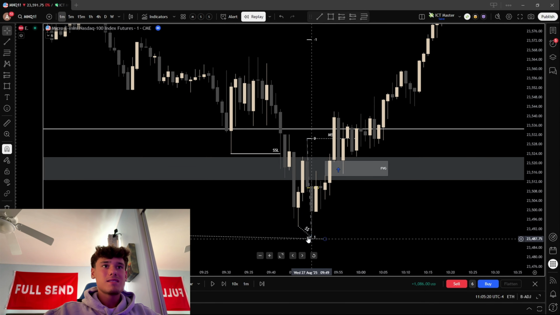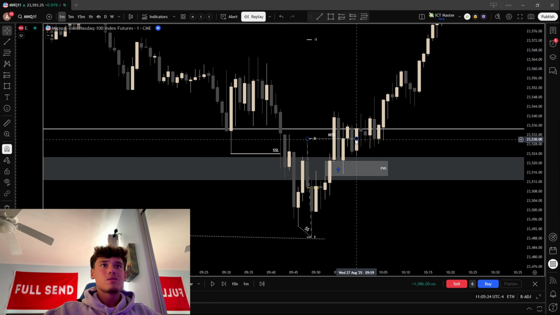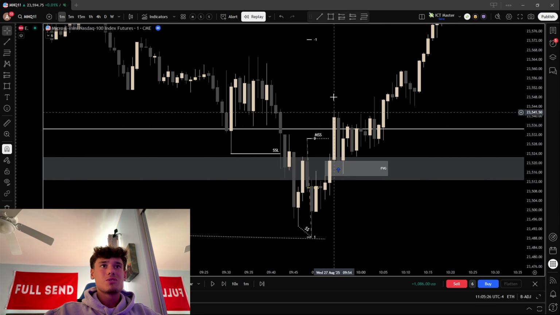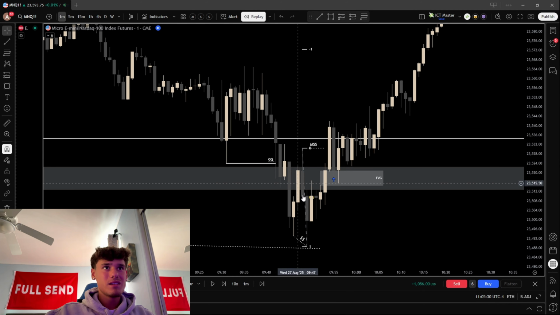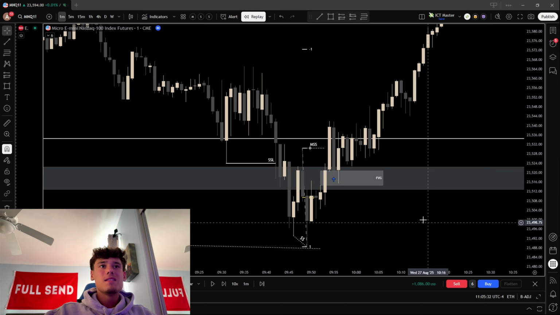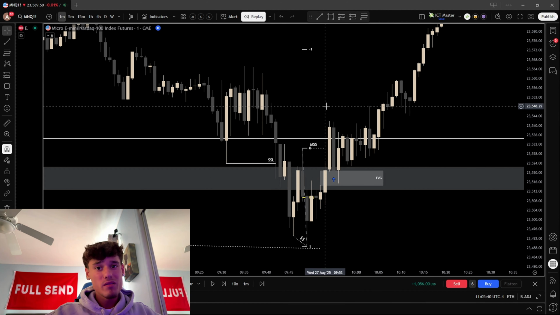On top of it, SMT on the manipulation, taken. Then we also had that market structure shift, showing us that we are moving from the downtrend to an uptrend. Then to get a better RR, look for that strong push that made the fair value gap with the 0.5 fib, take the entry, and you're going to be happy with the results.